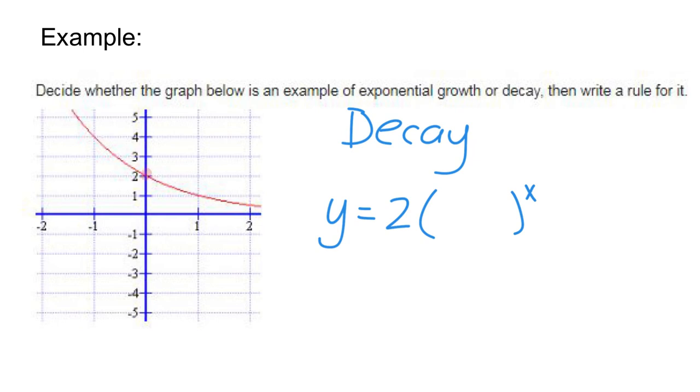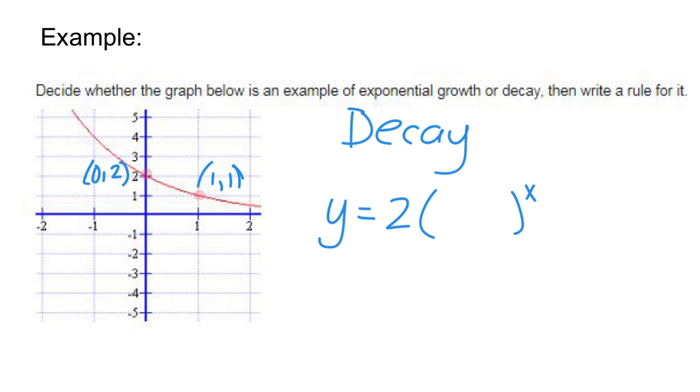And then I can use the point right next to it at 1. They've got to be 2 consecutive points. So I have this point at 0, 2. And I have this point at 1, 1.